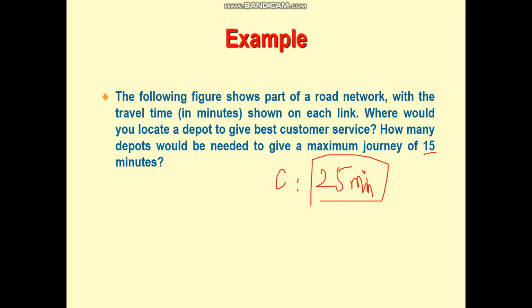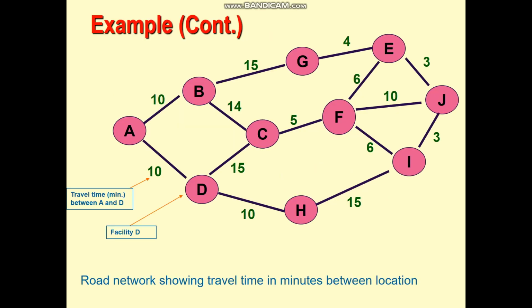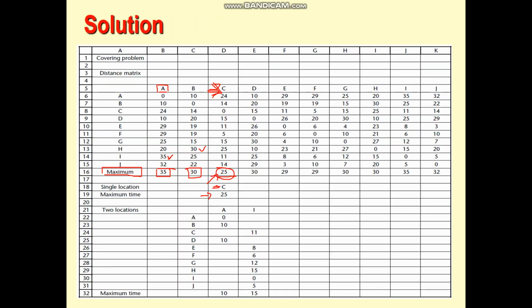So to achieve the customer requirement of a maximum of 15 minutes, how many depots would be needed in this case? We will just take the times that are less than 15 minutes. For A, if we locate in A, we can serve the customer in B because it's 10 minutes.